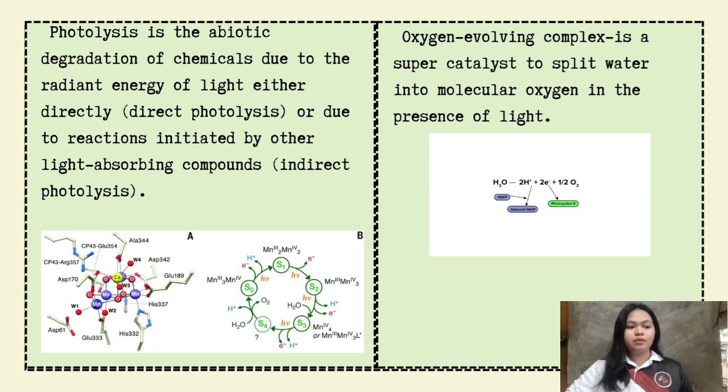Next is photolysis. Photolysis is the abiotic degradation of chemicals due to the radiant energy of light, either directly or due to reactions initiated by other light-absorbing compounds.